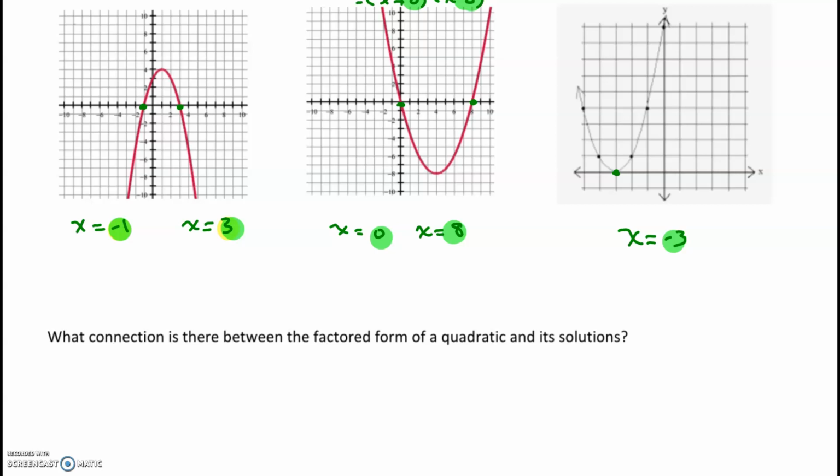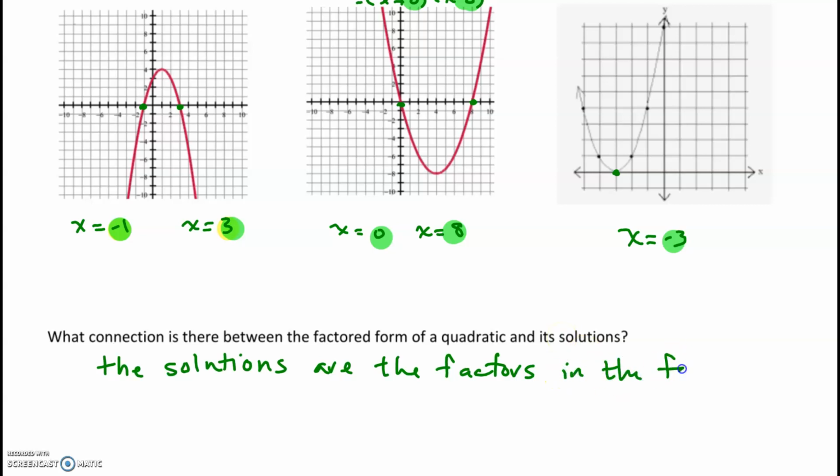All right, so let's write that connection down. So what we notice is the solutions are the factors in the factored form of a quadratic with opposite signs.